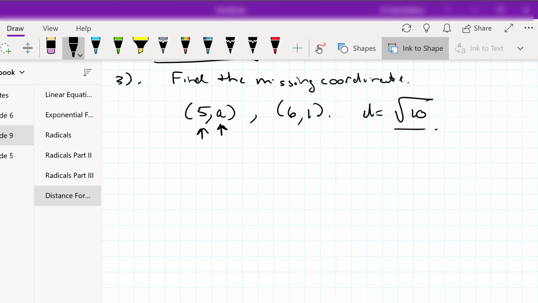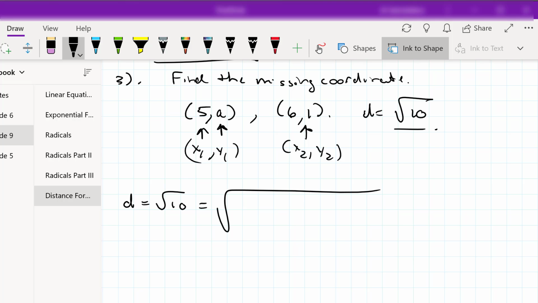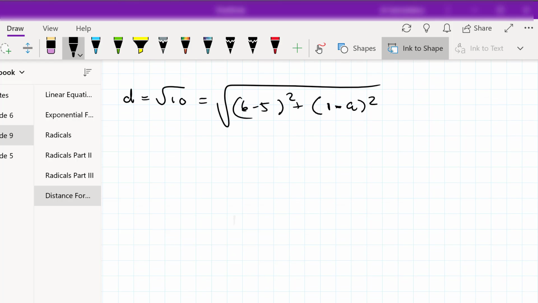Therefore, we can begin and we identify x1, y1, and x2, y2. And we say that d is the square root of 10, which is x2 minus x1. x2 minus x1 is 6 minus 5 squared plus y2, which is 1, minus y1, which is a, squared.